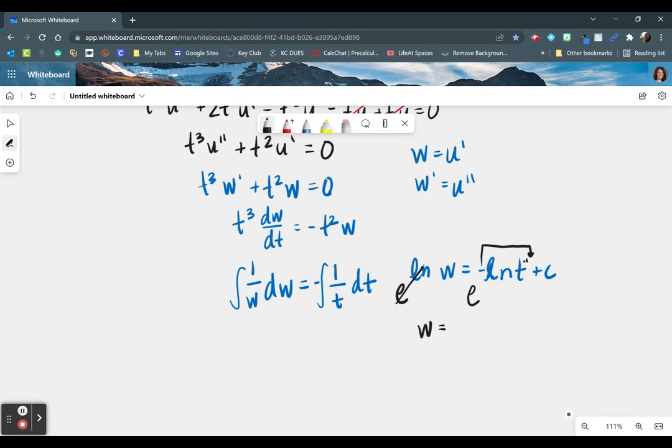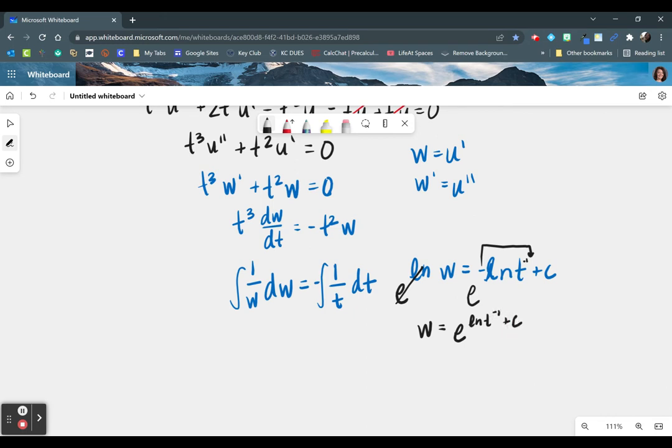On my right-hand side, moving that negative over leaves me with t to the negative 1 plus c. Let me do just an intermediate step here. I get e to the natural log of t to the negative 1 plus c.